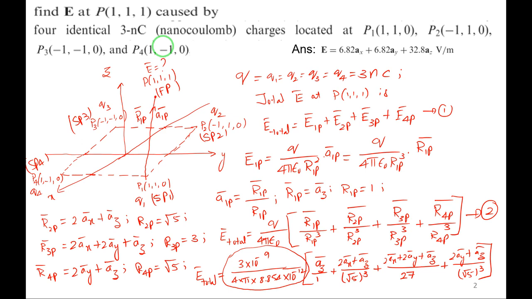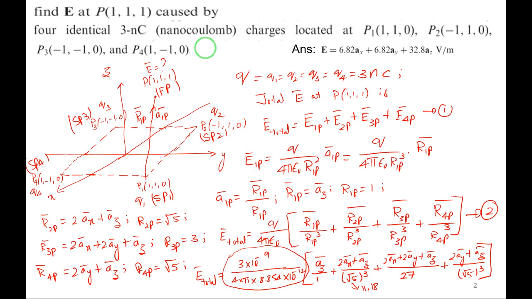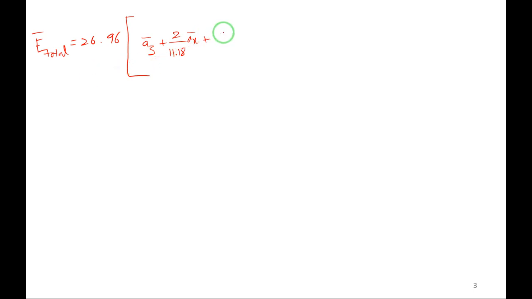I am getting 11.18. Okay, I will separate and write: 2 by 11.18 AX, then AZ by 11.18.